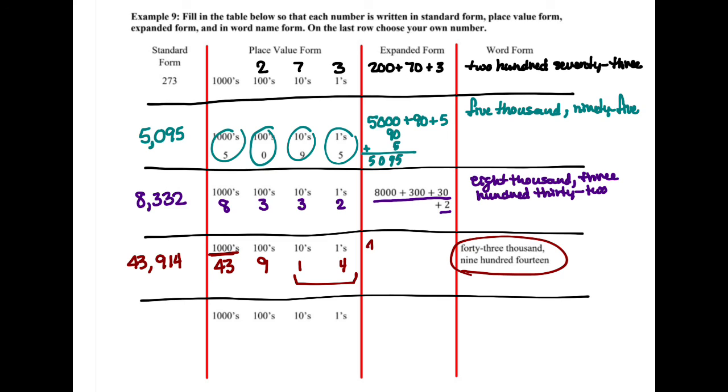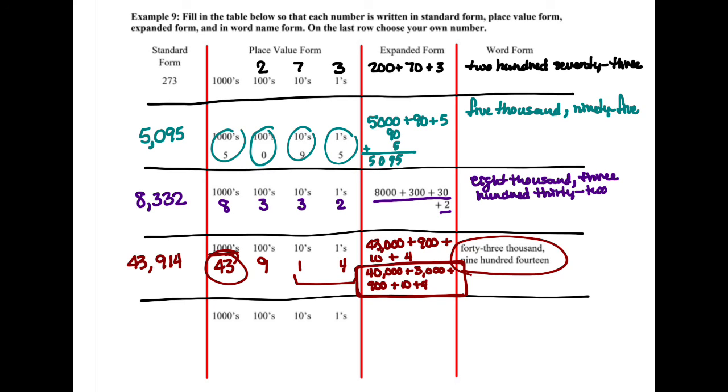So I'm going to do 43,000 plus 900 plus 10 plus 4. Although it could be 40,000 plus 3,000 plus 900 plus 10 plus 4. In fact, this is the absolute correct way of writing it. And I'm pretty certain that's how Canvas is going to want it. So this 43 needs to be broken down a little bit further.